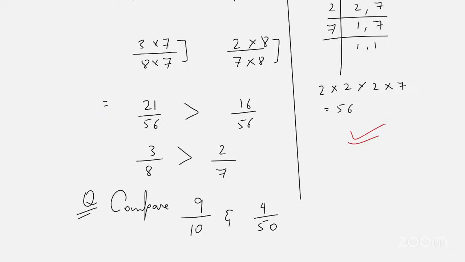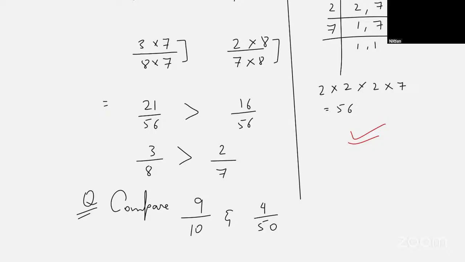Excuse me, ma'am. Yes, Hannah. Ma'am, while doing LCM, should we start with the lowest common factor? Yes, Hannah, you can start with the lowest number. Ma'am, I sent you an answer.